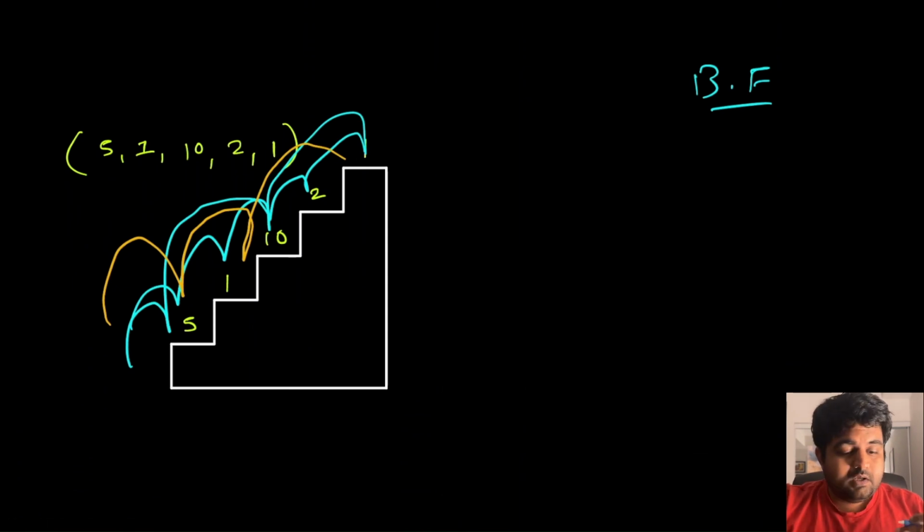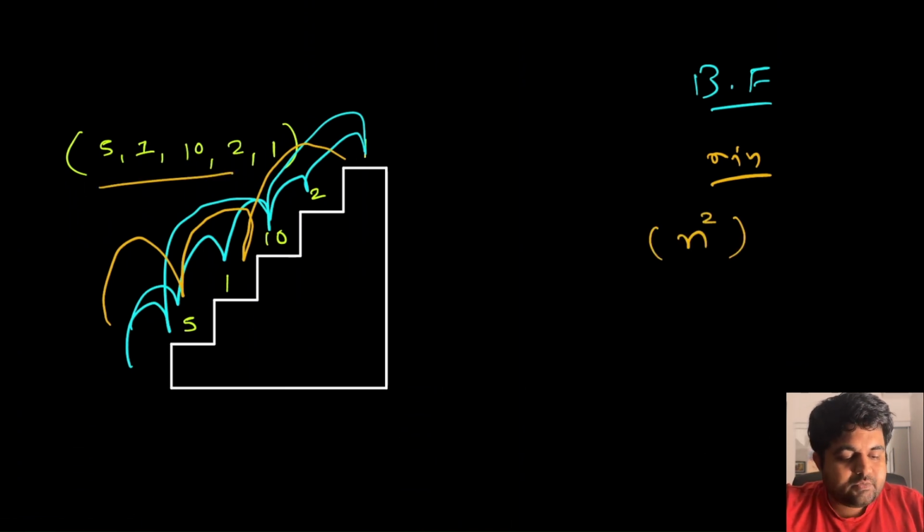Overall, across all the possibilities, eventually we would find a pattern that contains the minimum cost, but this is a very inefficient approach. We can clearly see why, because we are doing repeated work a lot of times. We can solve this problem in n square time using the brute force approach, but this is still very inefficient. So let's try to see a better approach where we can actually solve this problem.